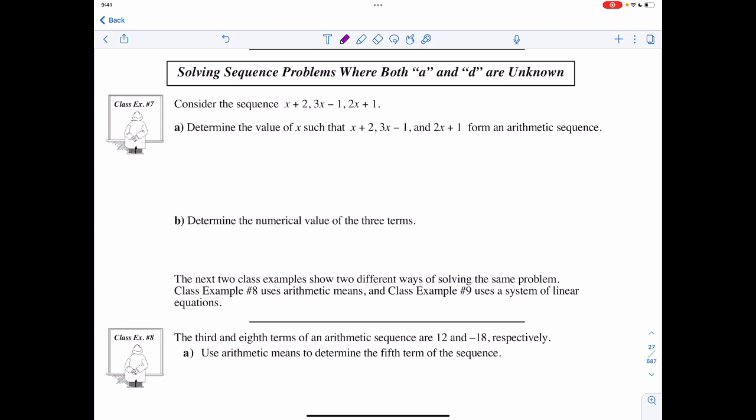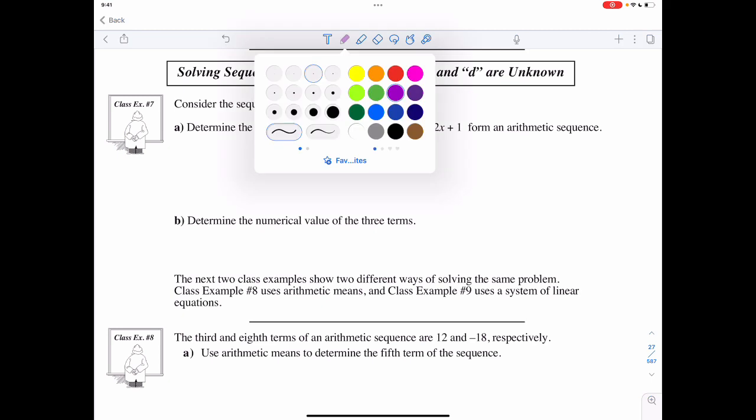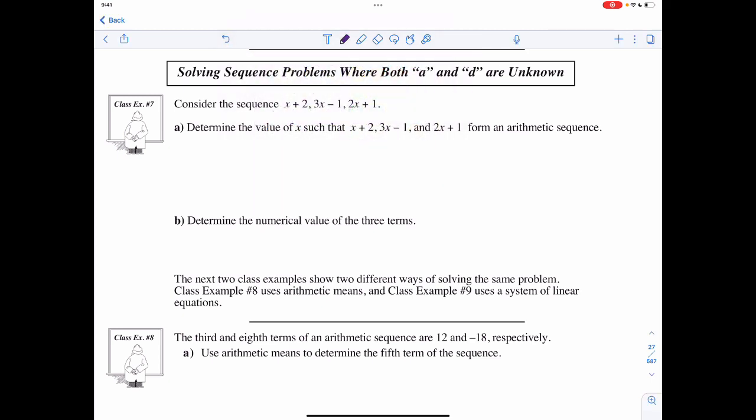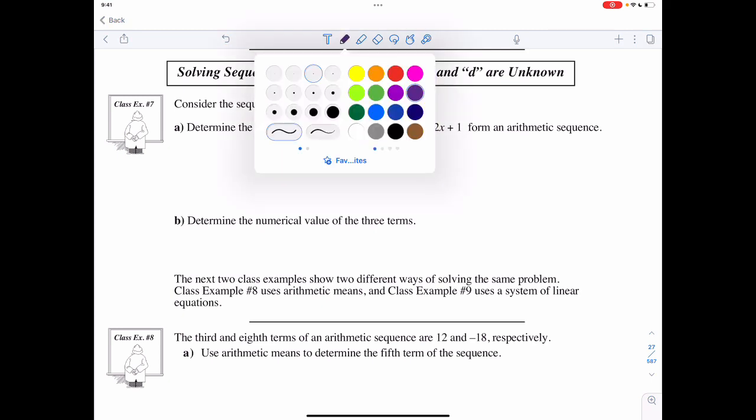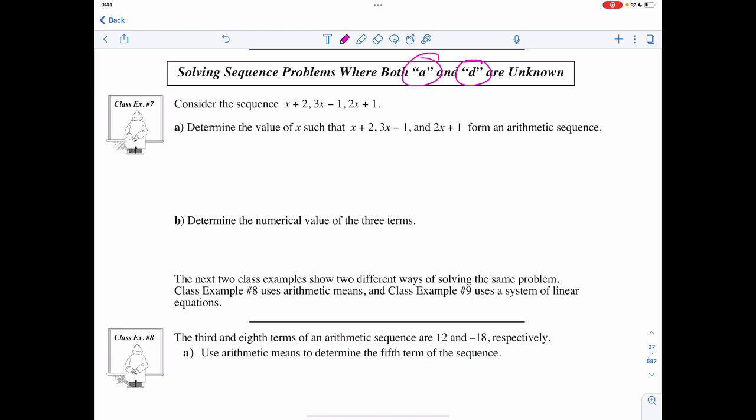We can also have cases where we can solve when we don't know either the common difference or the starting term. So it gives me a sequence here, and it says that x plus 2 goes to 3x minus 1 goes to 2x plus 1.